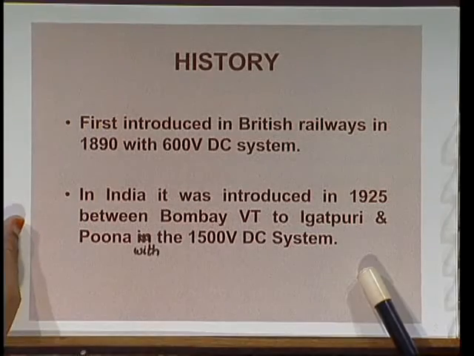But the electrification in India on a large scale took place only after independence. Later on, AC system was found to be more advantageous and hence a single phase 50 Hz 25 kilovolt AC system was developed.